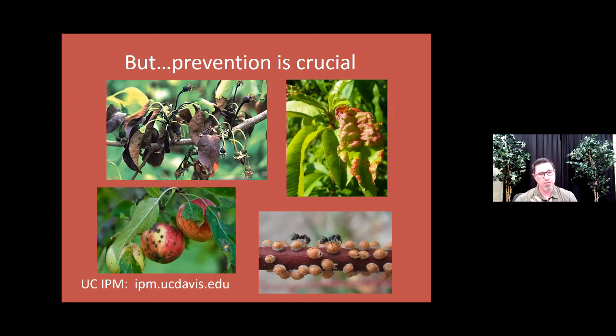So there's a ton of information on dormant sprays on our home orchard website. Again, that's going to be in our resource page. So be aware, you are going to have to be actively pest managing your fruit tree. But when the fruit trees are dormant and have no leaves on them, you are still taking some action in the form of dormant spraying to prevent certain disease and pest outbreaks.